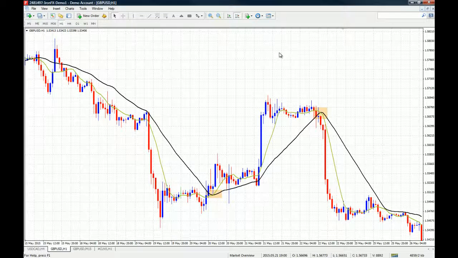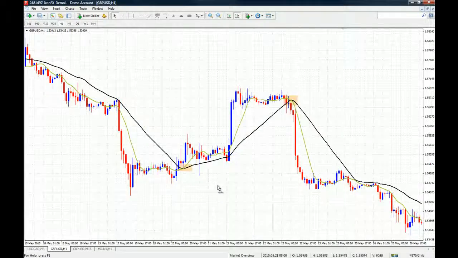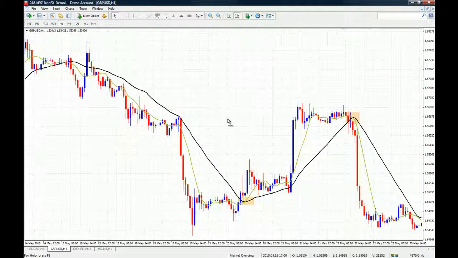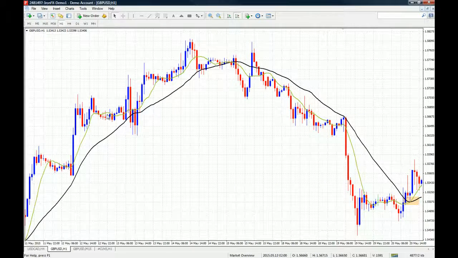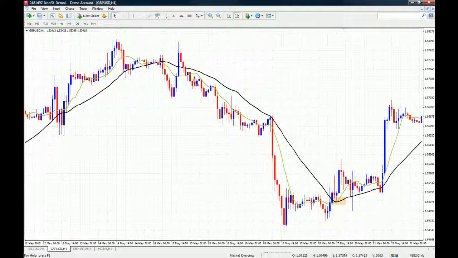Now remember that when we are in a down move, we look for short opportunities, and when we are in an up move, we look for buying opportunities. In this case, because we are in a down move, you can see that we crossed over right here, which means that we were on an up move and we crossed over.